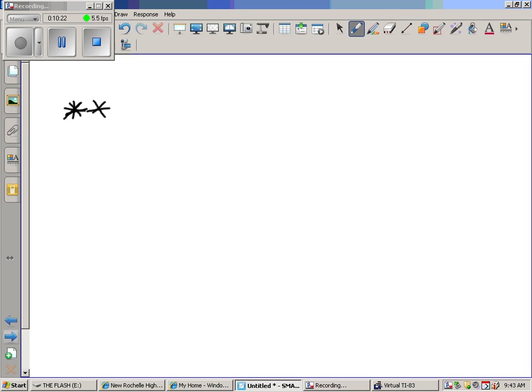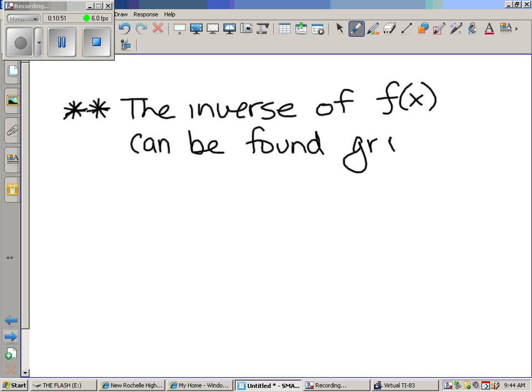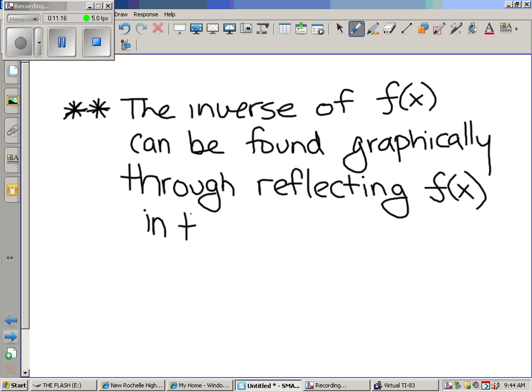This is super important, easy points. The inverse of f of x can be found graphically through reflecting f of x in the line y equals x.